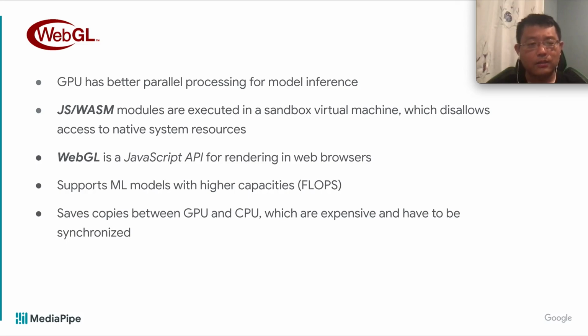WebGL is a JavaScript API for rendering in web browsers. Leveraging GPU, it can support machine learning models with higher capacities, measured by the number of flops. It also saves copies between GPU and CPU, which are expensive and have to be synchronized.